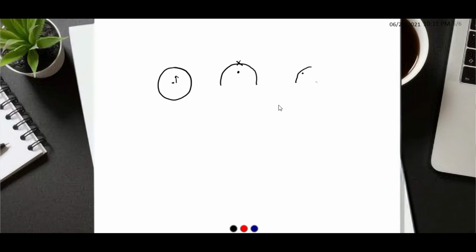So how do we find the moment now? See, there is one relation between moment and shear force, which is dM by dx equals V, or M equals integration of V dx.